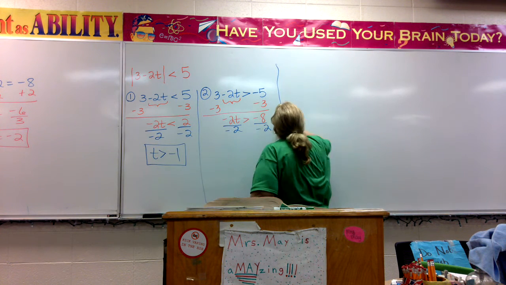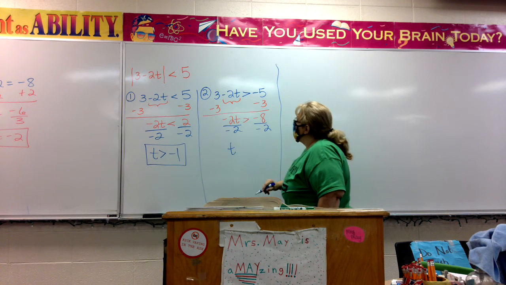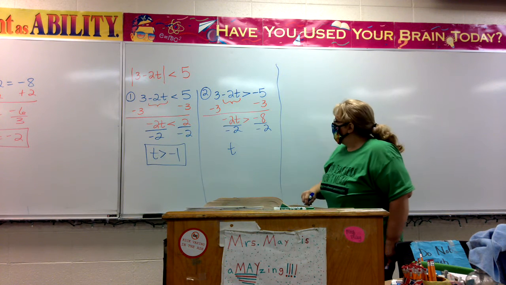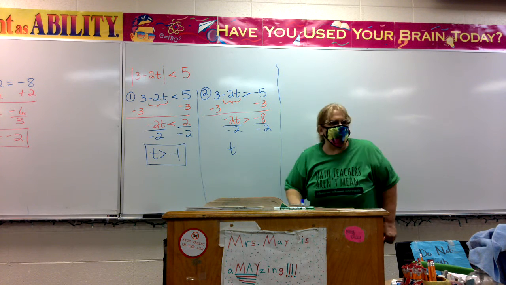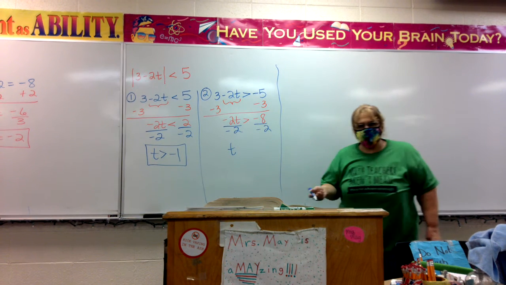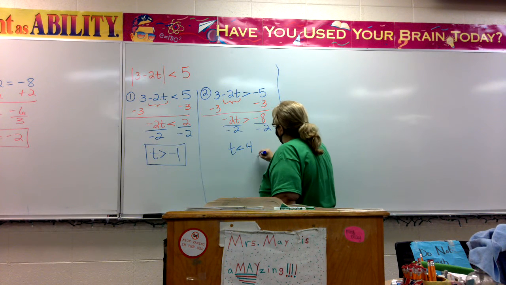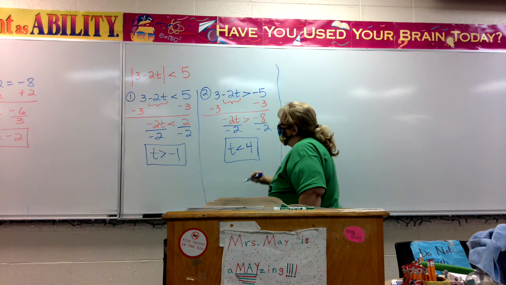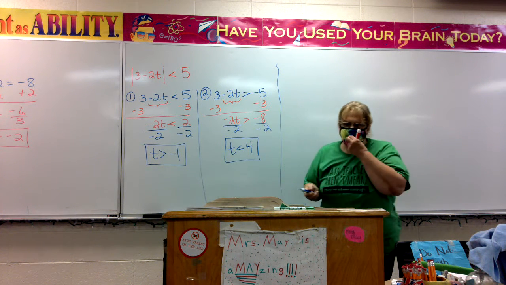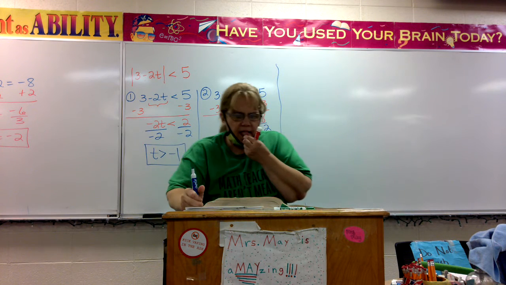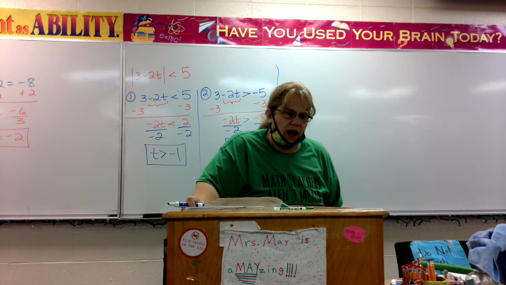And what do I get for this one? Less than 4. Why less than? We divided by a negative again, so we have to flip it. So, is that +4 then? So you get 2 parts: t greater than -1, t less than 4. Make sense?